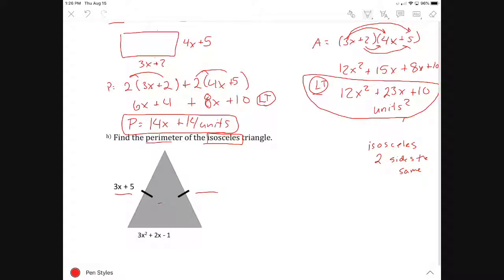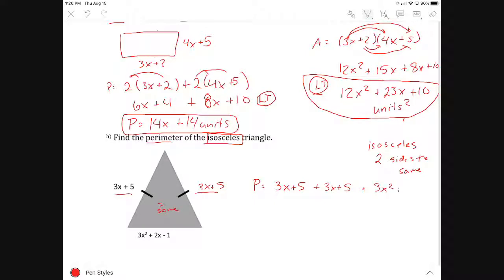So when we're looking for perimeter, all we're going to do is add all the sides together. So that's going to give us 3x plus 5 plus 3x plus 5 plus 3x squared plus 2x minus 1.